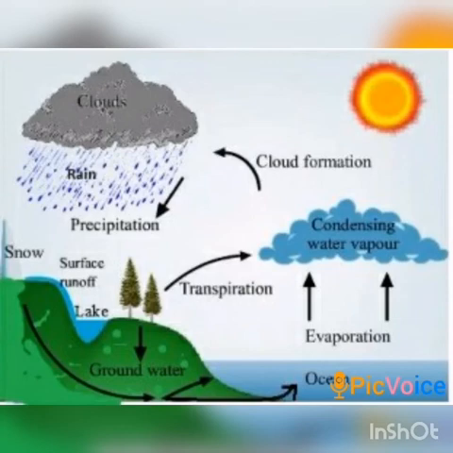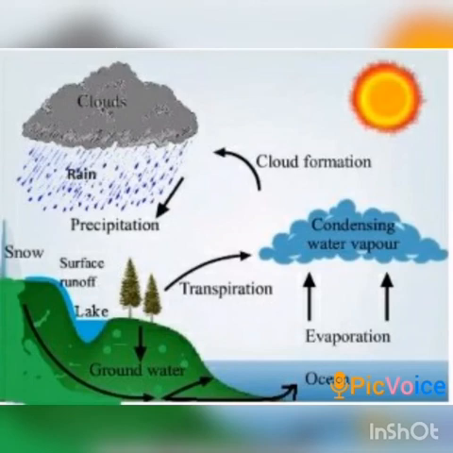The water converts into water vapor. The water which is present in the ocean, seas and rivers gets evaporated and forms water vapor. And also water vapor goes into air by the transpiration process.